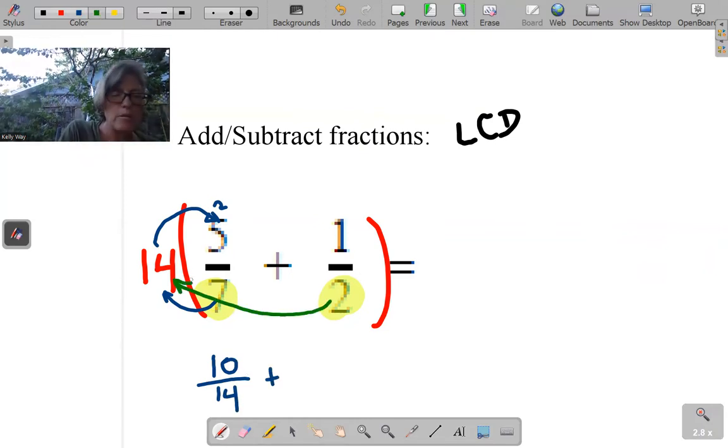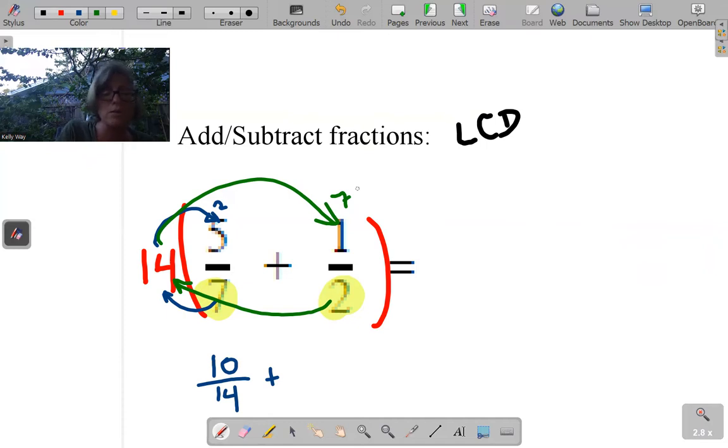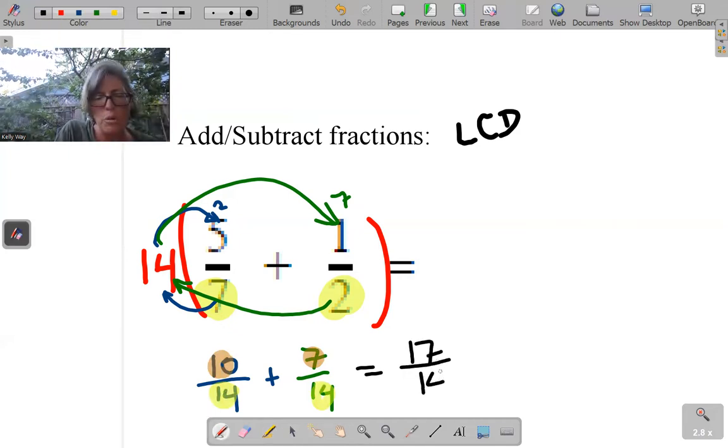Arrow in, arrow out. 2 goes into 14 7 times. I put a little baby 7 there. 7 times 1 is 7. So this is 7/14. Now you simply add the numerators now that the denominators are exactly the same. So we add and we're going to get 17/14.